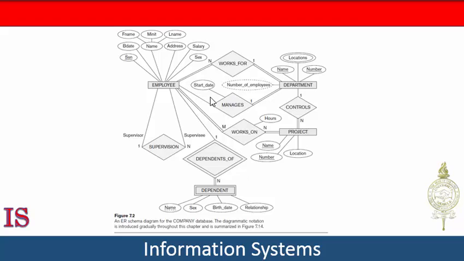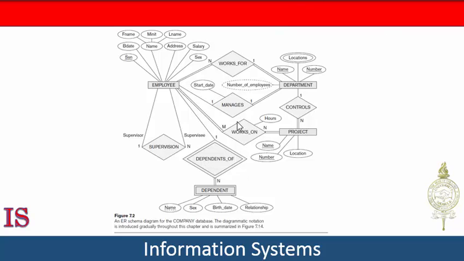Therefore, an employee may manage a department. A department must have an employee as a manager. Partial may be, total must be. The attribute start date is assigned to this relationship type.